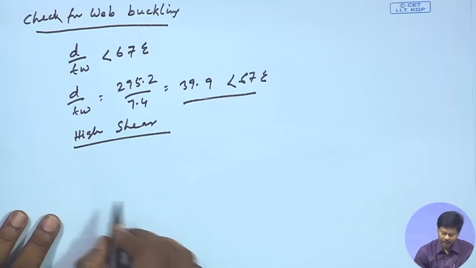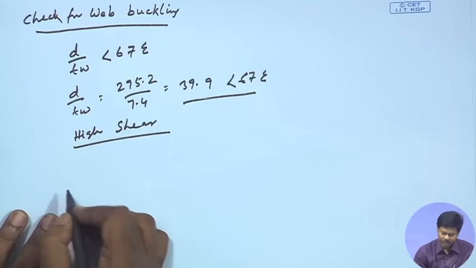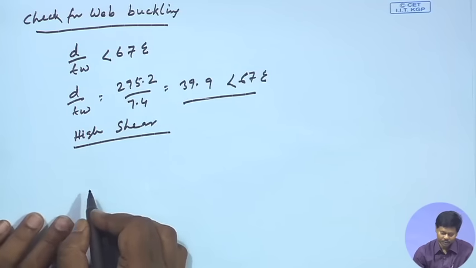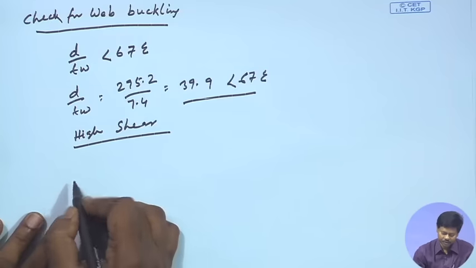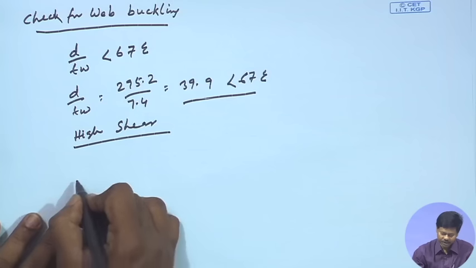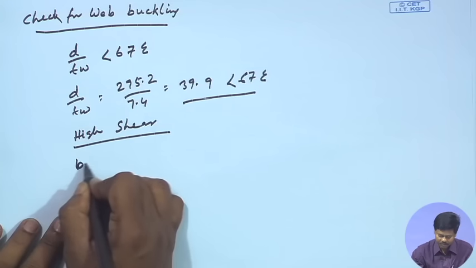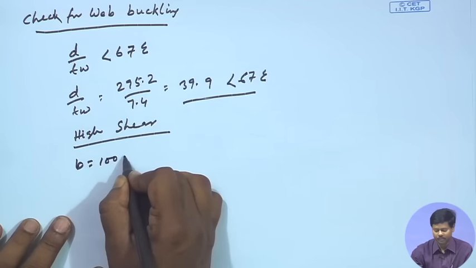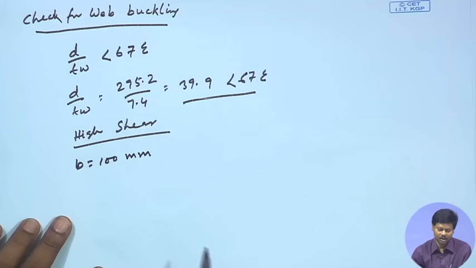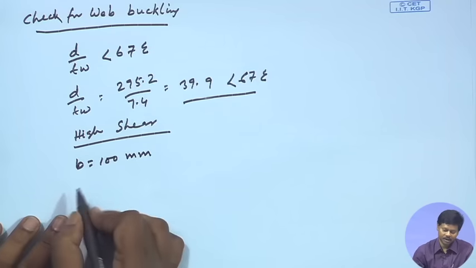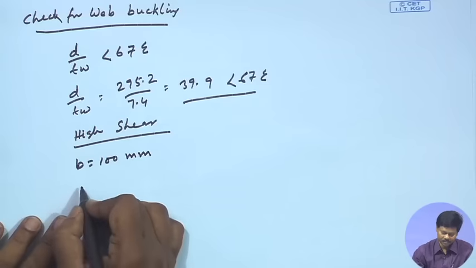So, now for high shear, if we have to check, we can check at the support, right. At the support maximum shear has been developed. So, if we assume a bearing length of, say, b equal to 100 mm, then the area of the bearing plate, that is the bearing area, we can find out.